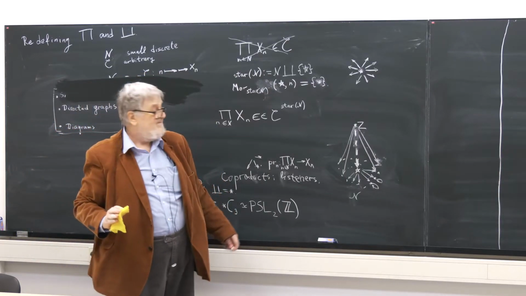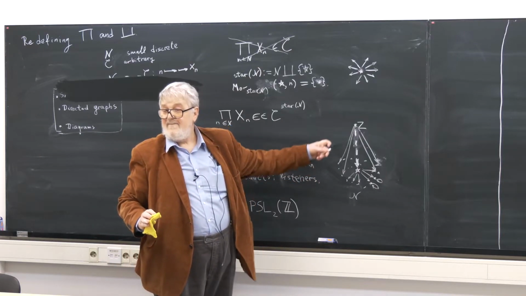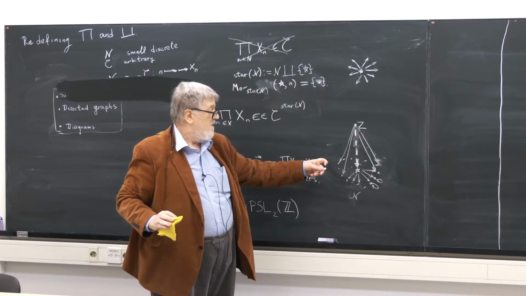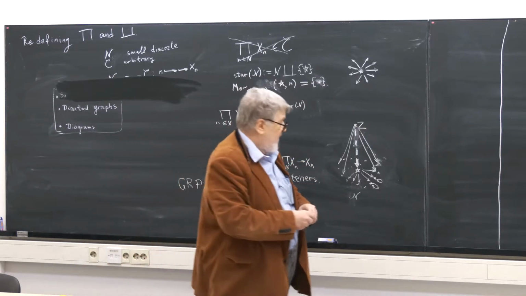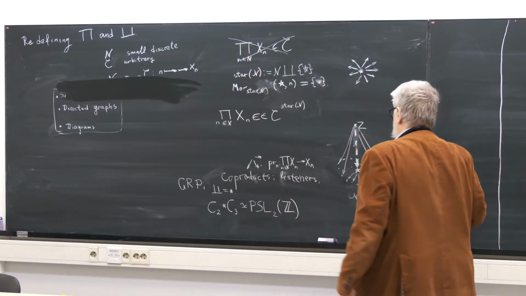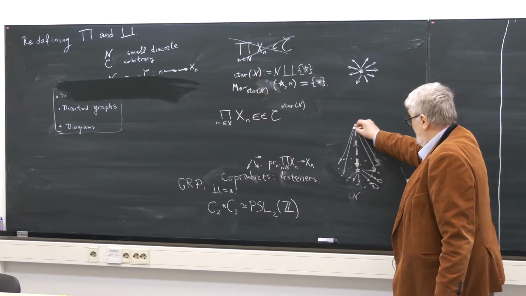How do we understand the universal property in this new definition? How do we redefine our universal property? So yes, it should, thank you. It should be pronounced in words in a rather long manner.